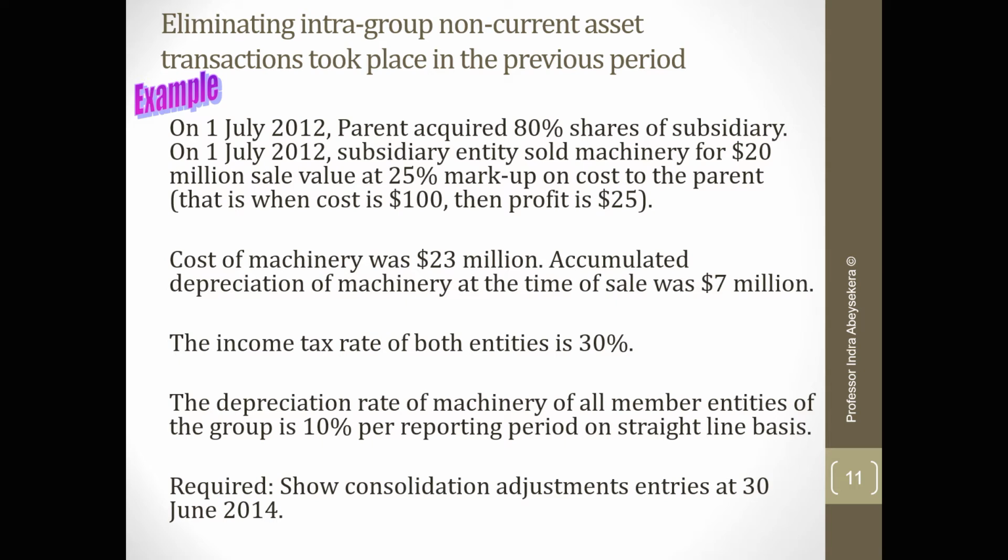The transaction took place on 1st of July 2012. From there to 30th of June 2013 is 1 year, and from 1st of July 2013 to 30th June 2014 is the second year, but the second year is the current year, and the first year is the previous year, where the transaction took place.